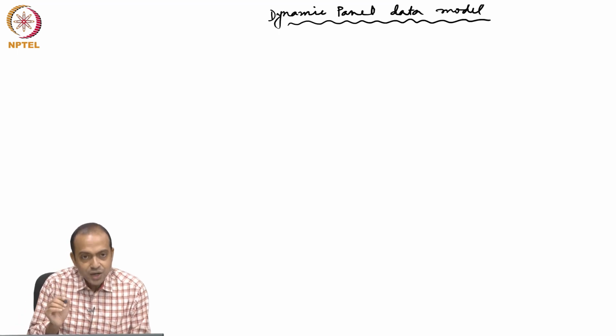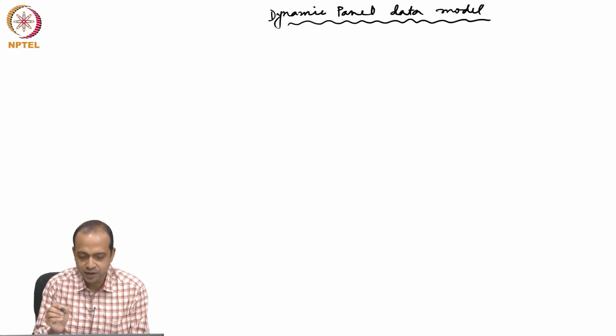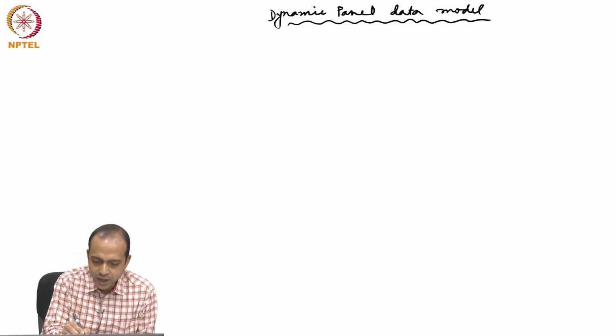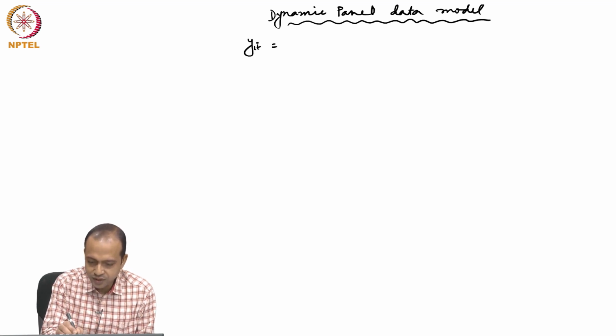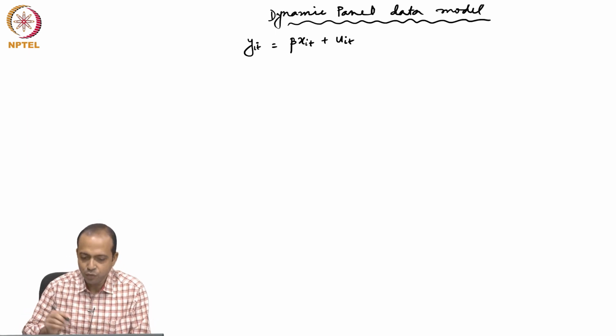So, to start with, let us talk about the simple static fixed effect panel data model that we have discussed earlier. This is y_it equals beta x_it plus u_it, a simple panel data model.